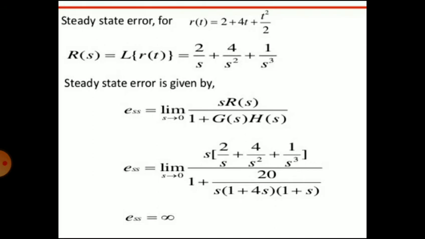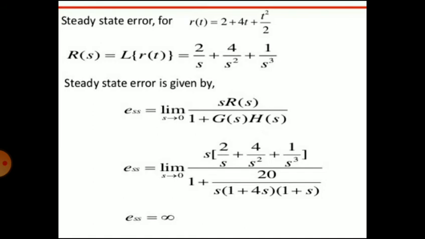Now we find the steady state error, for which the reference input is given: r(t) equal to 2 plus 4t plus t square by 2. The steady state error is ESS equal to limit s tends to 0 sR(s) upon 1 plus G(s)H(s), the formula we have already derived.